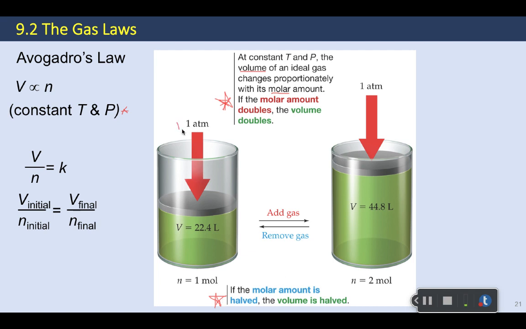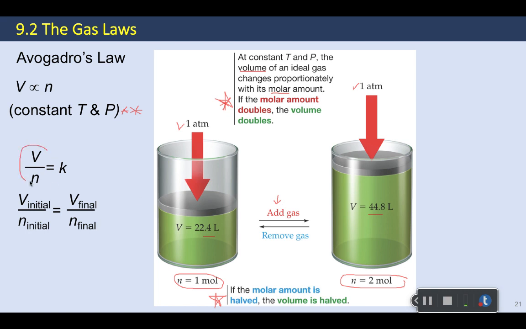So if you have the same pressure for two situations, pressure and temperature have to be the same, right? And it's not specified here what the temperature is. But if you go from 1 mole to 2 moles, the volume then becomes twice the original volume in the cylinder for this example. So you have to add actual gas to the experiment to do that.